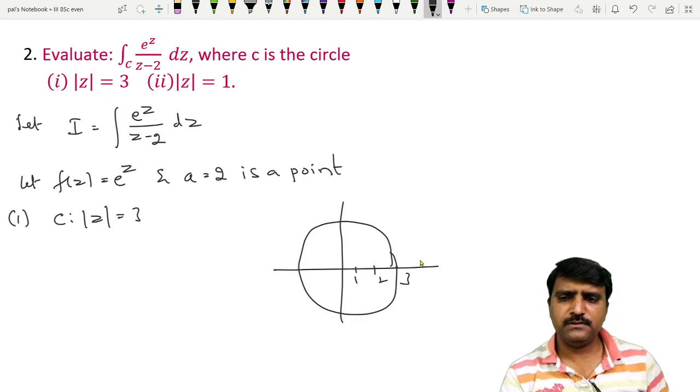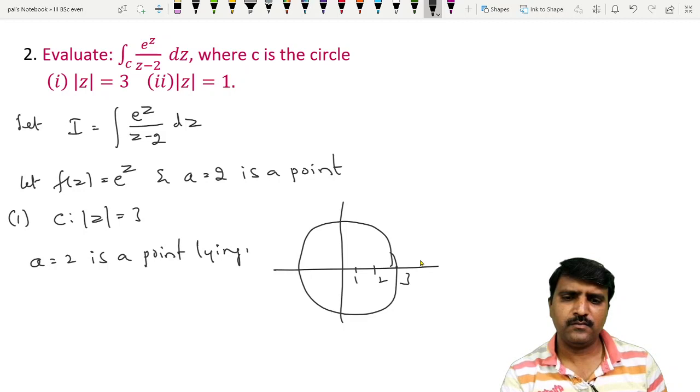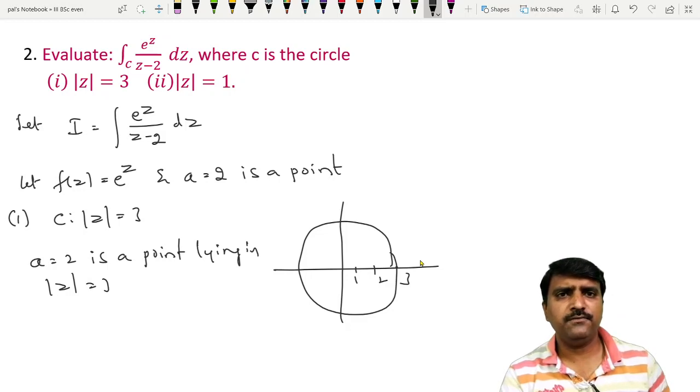So you write a is equal to 2 is the point lying in mod z is equal to 3. So now you can use Cauchy's integral formula here.